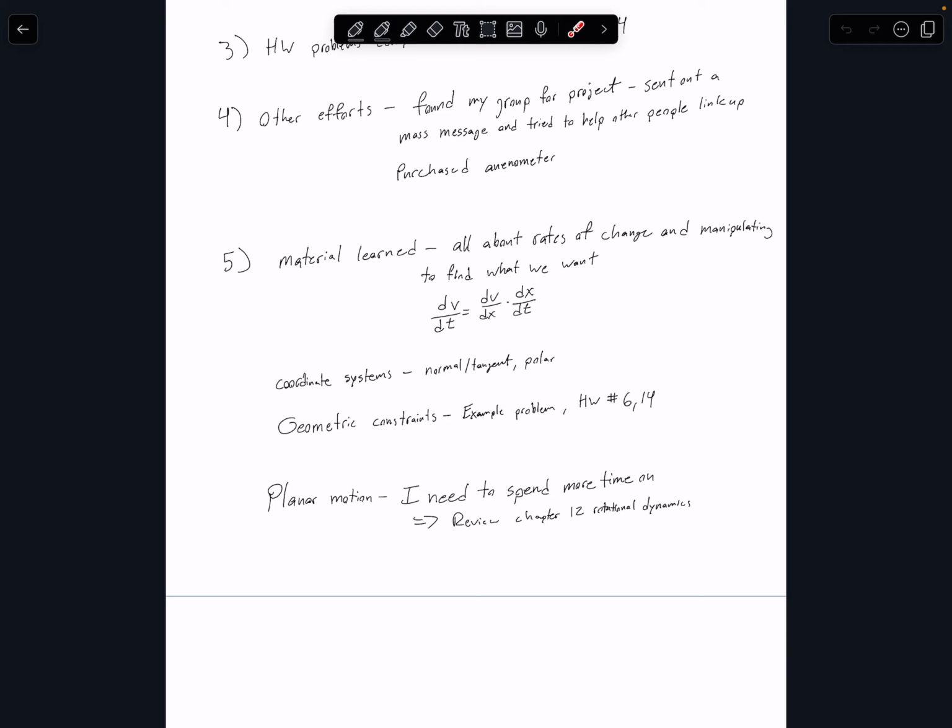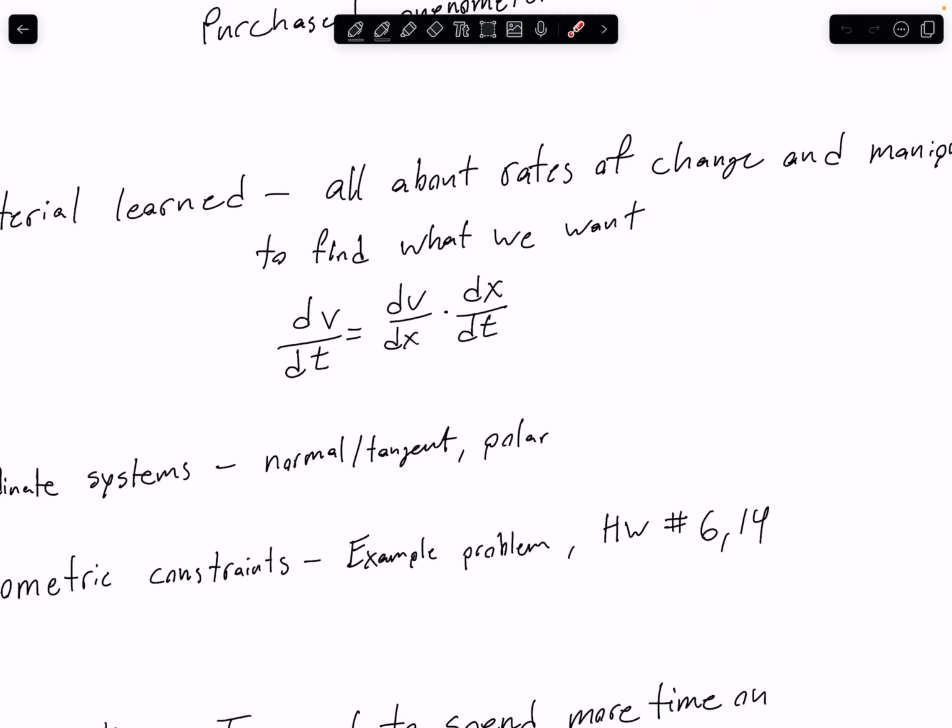And summary of the material learned, all about rates of change and manipulating what we have to find what we want. Like, we know acceleration, and I should put that there. Acceleration is equal to dv over dt, but we might not have everything in terms of time. So we know dx over dt.